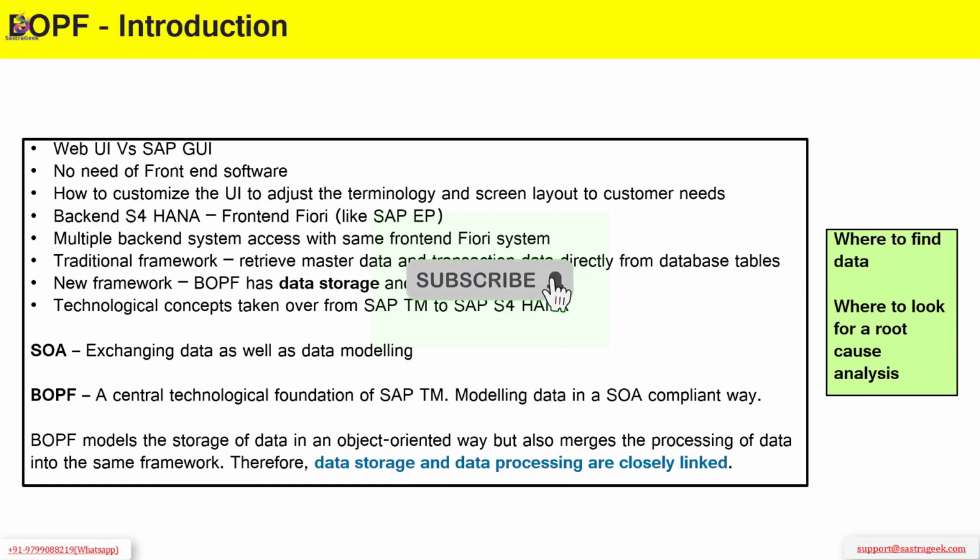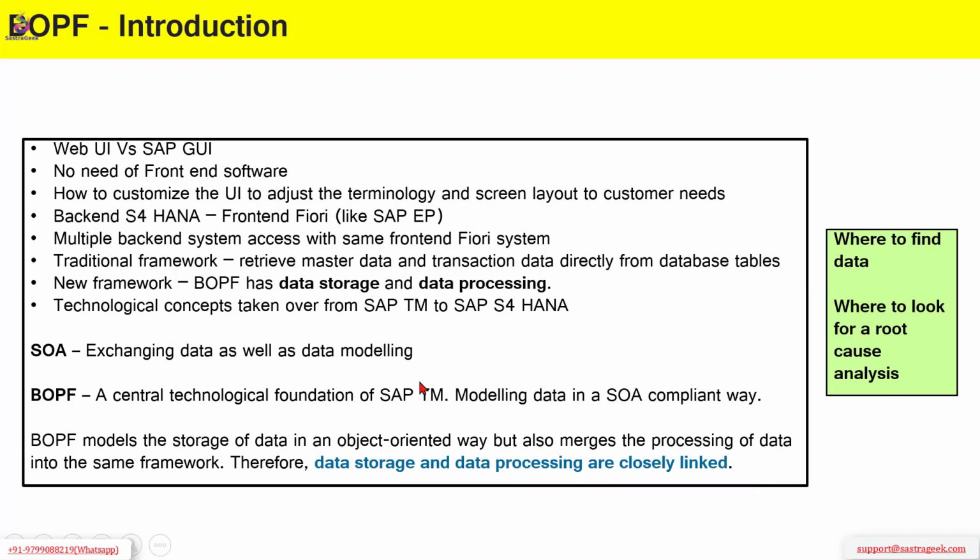So data storage and data processing is happening at one place, in many places, but at the same point. Business Object Processing Framework has been adopted on the basis of service-oriented architecture. What is it? A central technological foundation of TM.